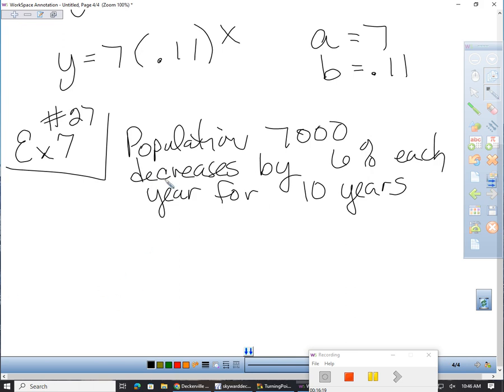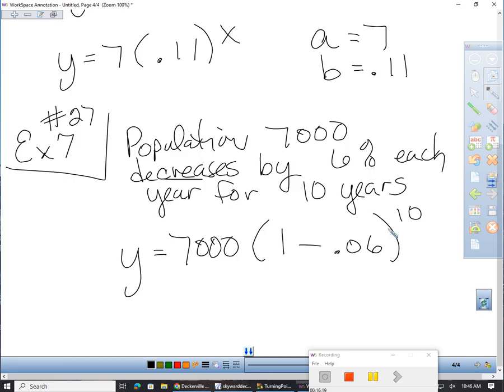So because it decreases, the only difference in our equation will have y equals 7,000, and instead of 1 plus, it's going to be 1 minus our rate as a decimal to the 10. That is the only difference when it says decreases. It becomes 1 minus.